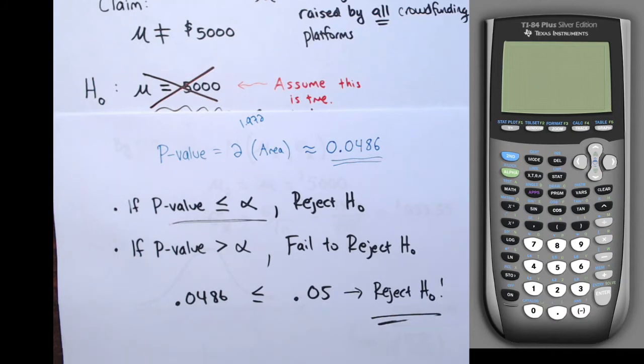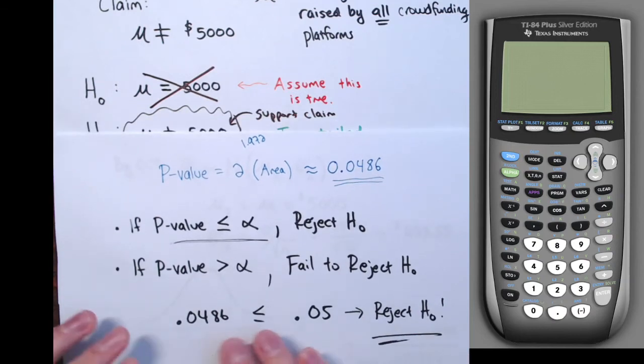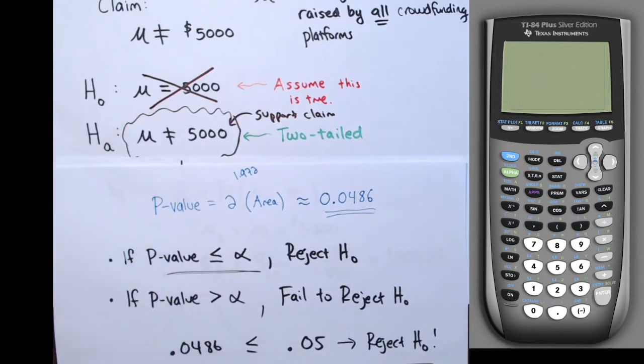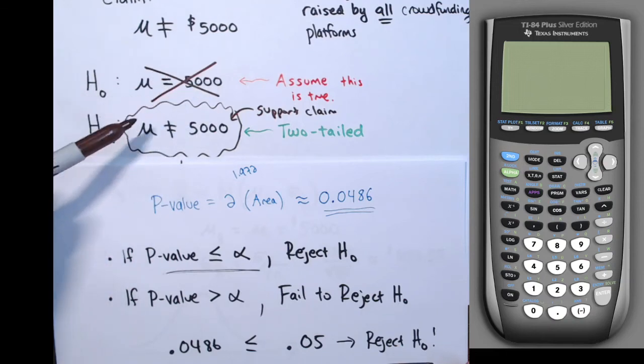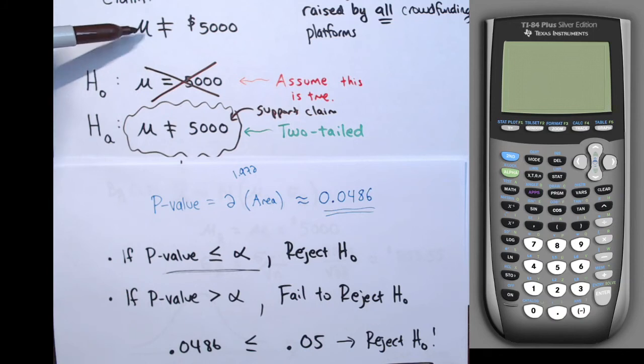But if we decide I want a significance level of 5%, then we're not okay with having the mean be 5,000. So it really depends on the significance level. All right. So because we rejected the null, that means we're going to accept the alternative or support the claim, right? The alternative was the claim.